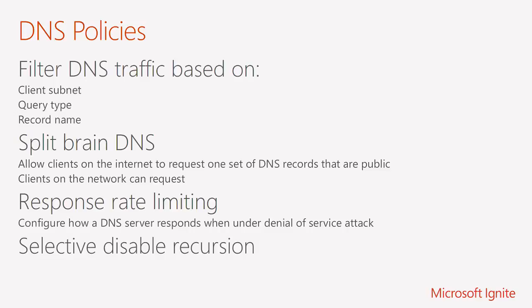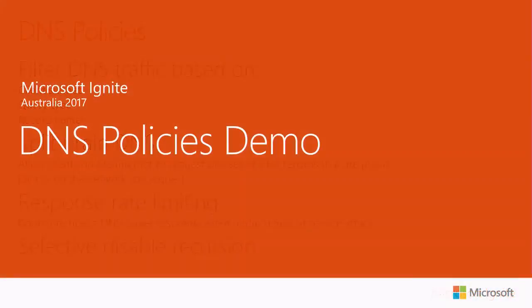If they request a record for which your DNS server hosts a zone, yes, respond, because that's a legitimate query. But if you're a random client on the internet, I'm not going to give you the information you want on your behalf. You can go and query something else. Anyway, we've got a brief demo on configuring DNS policies.